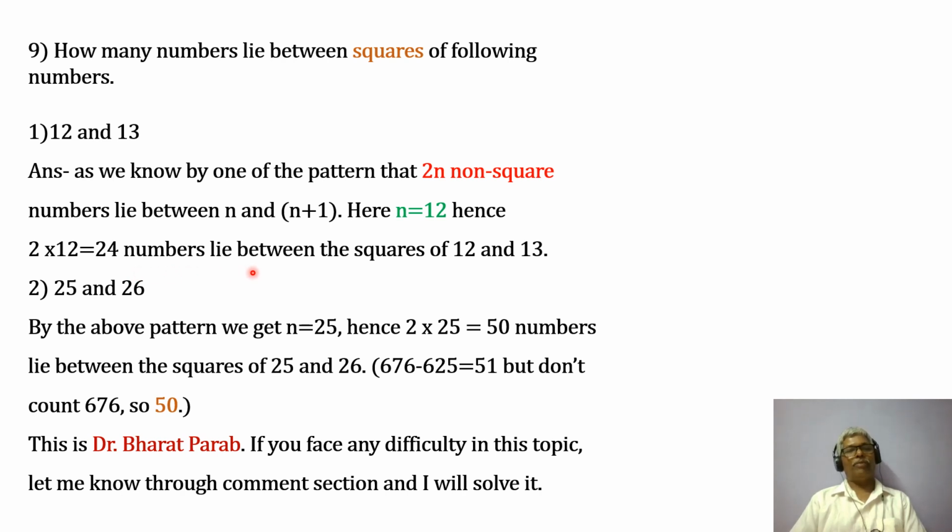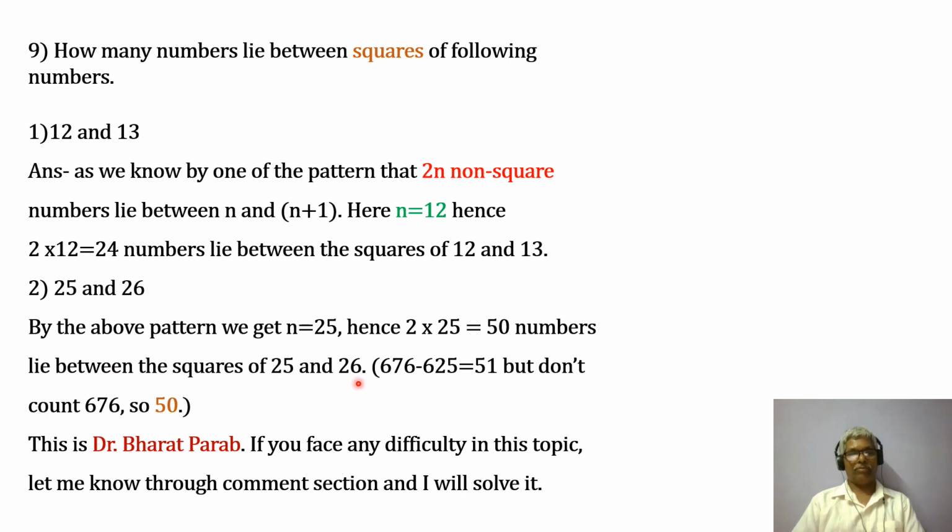So 24 numbers lie between the squares of 12 and 13. Okay, you can actually go and see because these are small numbers and you can easily check. Okay, 25 and 26. By the above pattern we get n equal to 25. Hence 2 into 25 is 50. 50 numbers lie between the squares of 25 and 26.